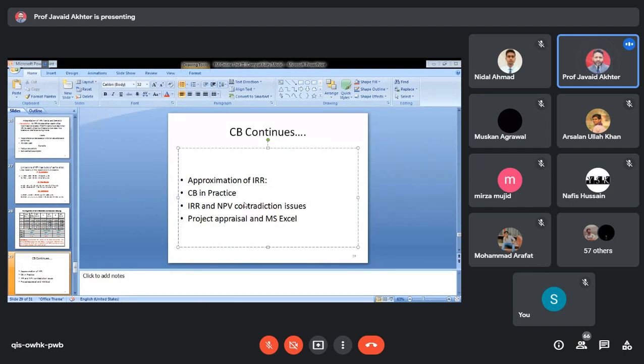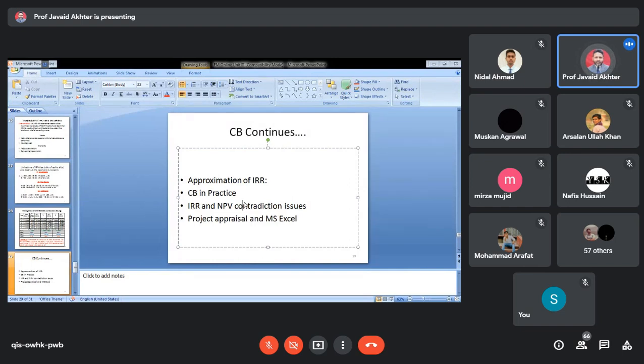I was referring to approximation of IRR. I gave you an example. Suppose your calculation of IRR is 3%, and the life of the project is 5 years. At 5 years, if we move on to page number 7, where do you find 3? 5 years, if you move, 3.05, you find it 19%.